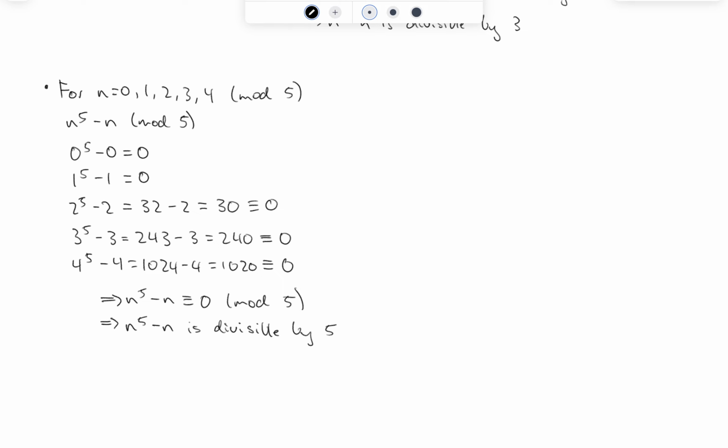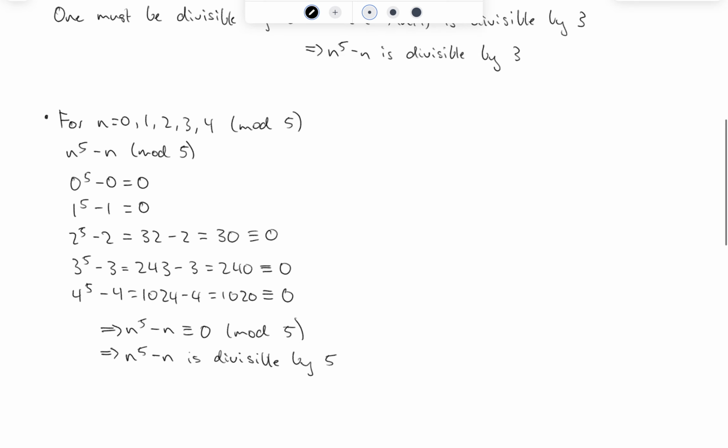We have an alternate way of proving divisibility by 5, it uses a theorem, namely Fermat's Little theorem. So I'll just do it as an aside here.